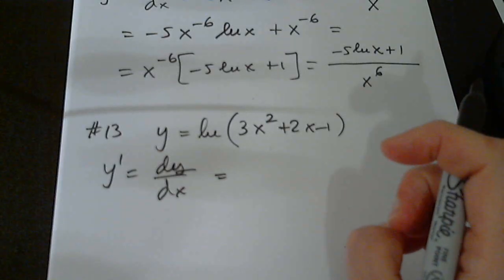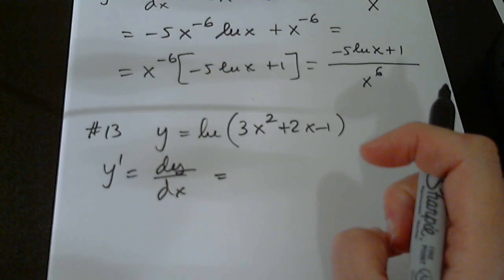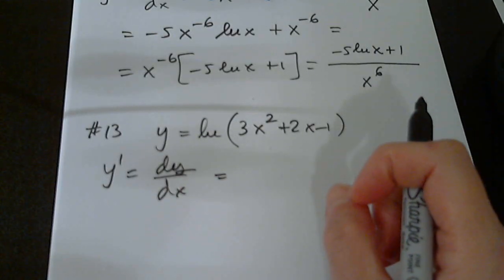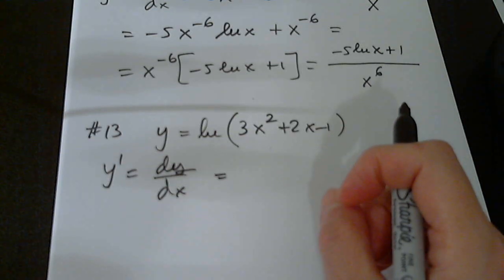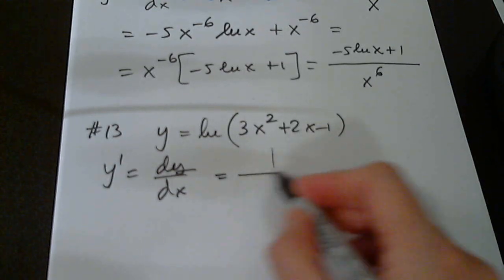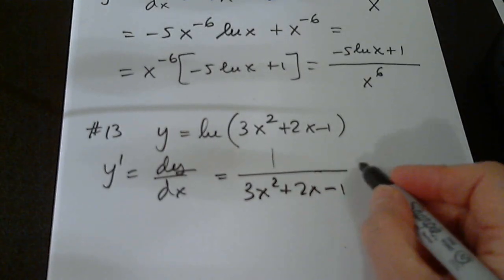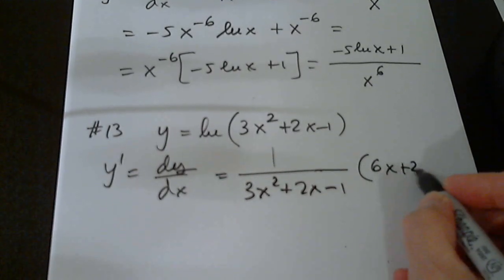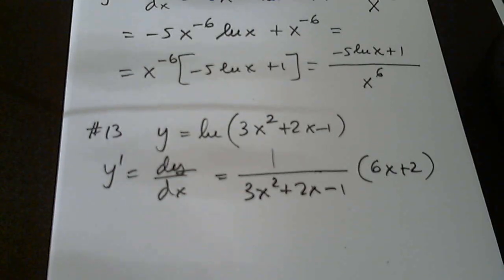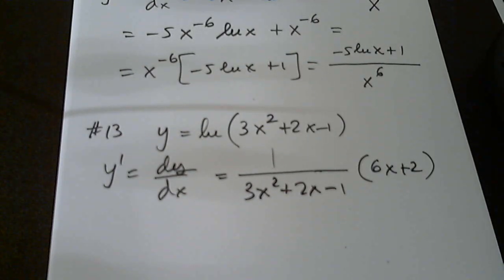Anyone, please? So this is 1 over 3x squared plus 2x minus 1 multiplied by 6x plus 2. 1 over the function times the function prime.